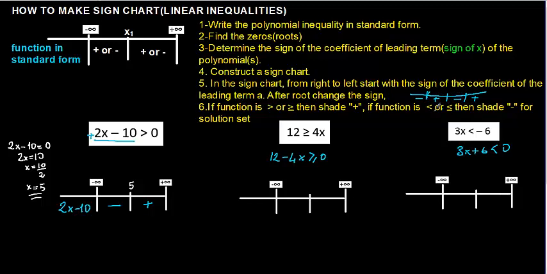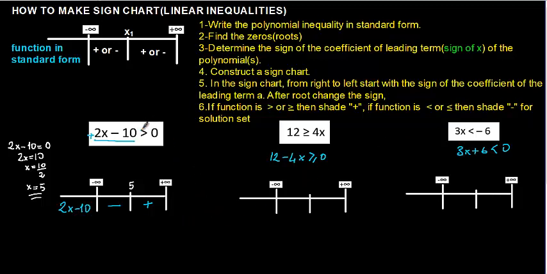There are some exceptional cases, and we are going to explain that later. Then let me clean this part. If the inequality is greater than or greater or equal to, shade the pluses. If the function is less than or equal to, then shade the minuses.